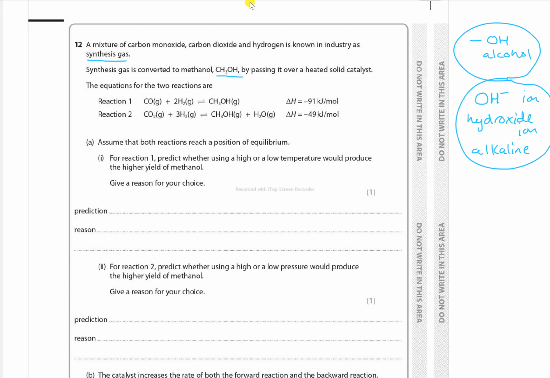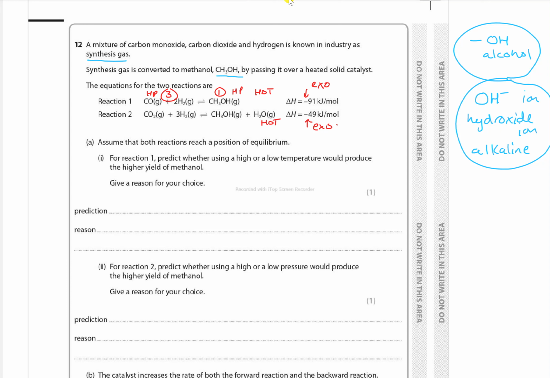Right, what's next? So reaction 1, this negative sign tells you it's exothermic. You've got 3 moles here and 1 there, so this is the high pressure side.